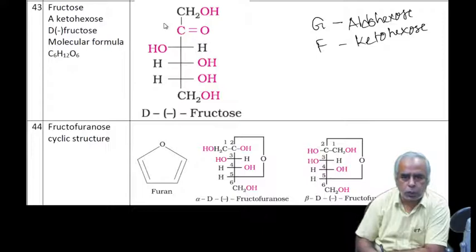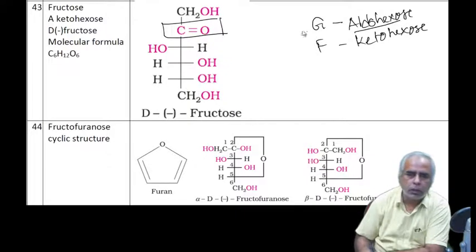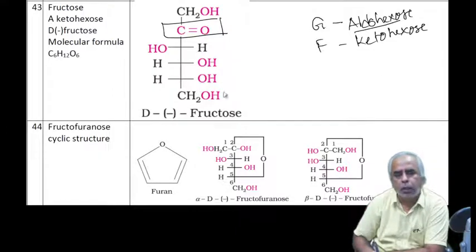In fructose, the potential carbonyl group is ketone, whereas in glucose it is aldehyde. Otherwise, the structures are almost similar.